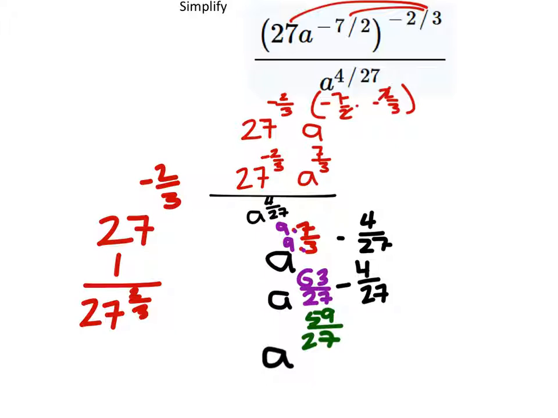All right, next I'm going to rewrite that as a radical, actually. All right, so back to that point. 27, again, especially in cubes, is unique because it's really 3 cubed. And this is to the power of 2/3, right?